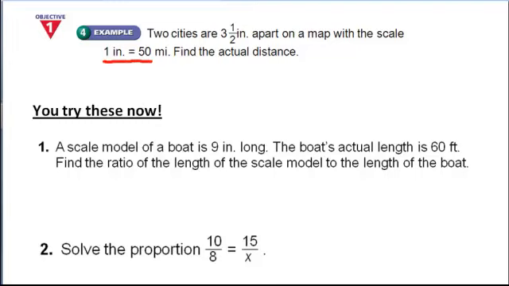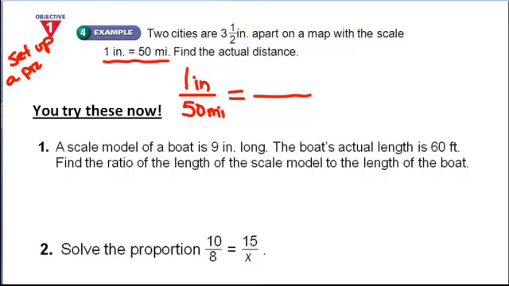You're going to always start with your scale and write it as a fraction. Keep your units. 1 inch is matched up to 50 miles. Now we have to set up a proportion, and the key is to match your units. Set up a proportion and match your units.